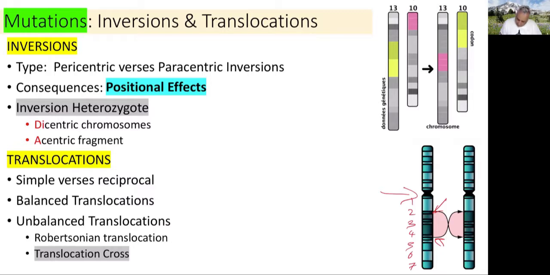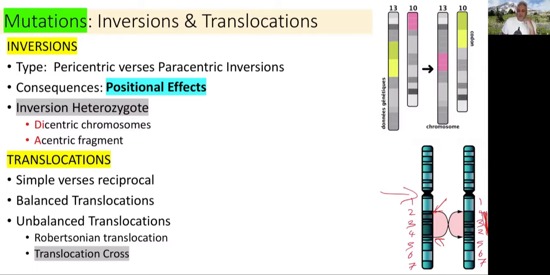So in this case, we'll get 1, 4, 3, 2, 5, 6, and 7. So this region has been inverted, and therefore the word inversion. So that's an example of an inversion.